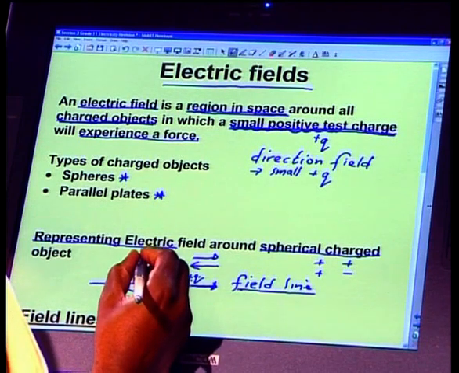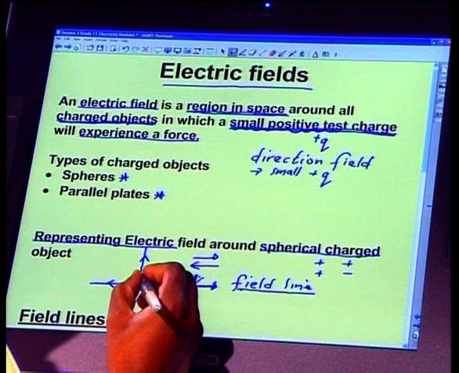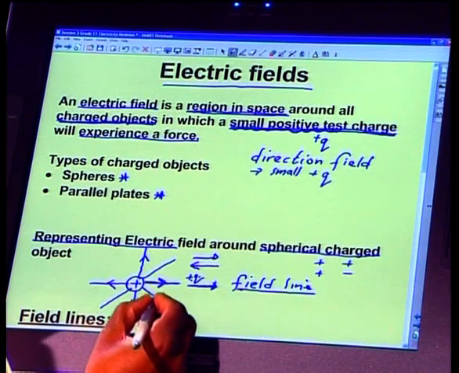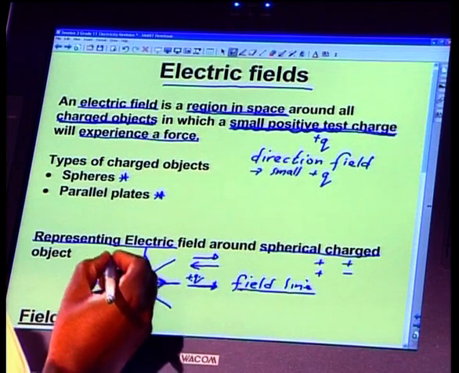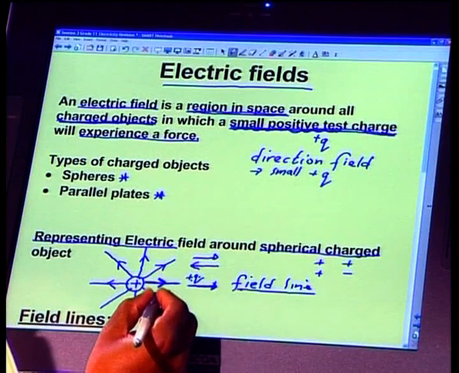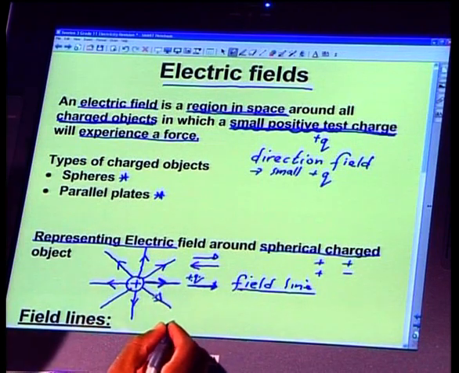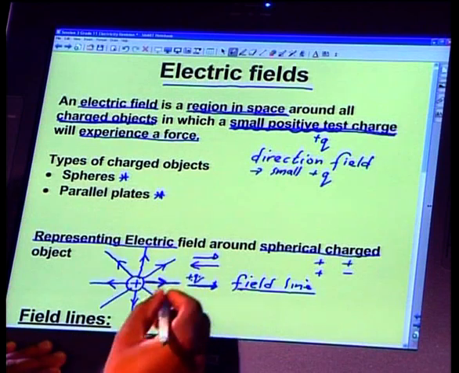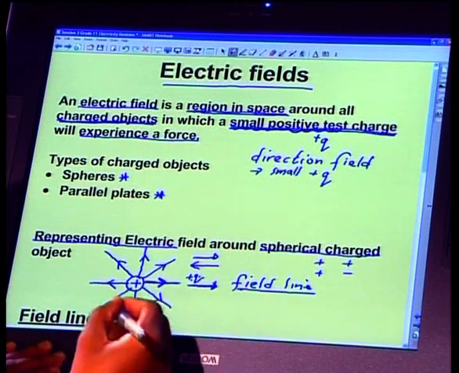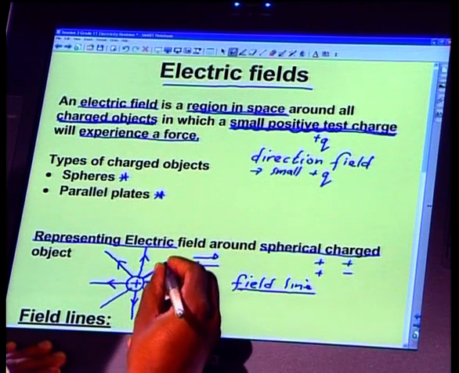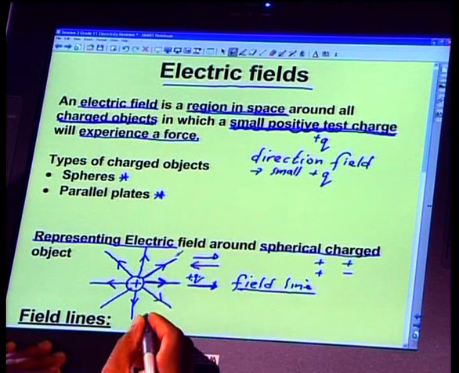But I'm drawing them now, and I'm also showing the direction of the field because the test charge has shown me in which direction the field is going. Now, I have represented the field around a positively charged sphere, making use of what we call field lines.